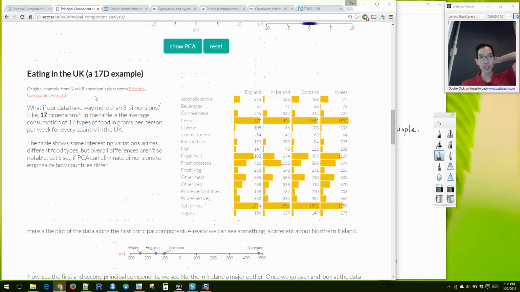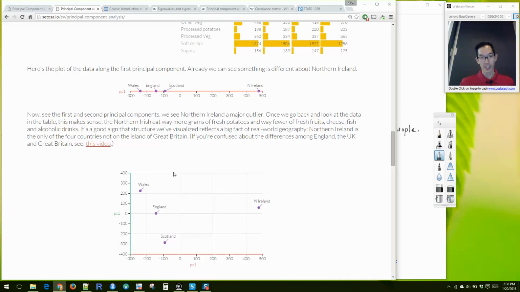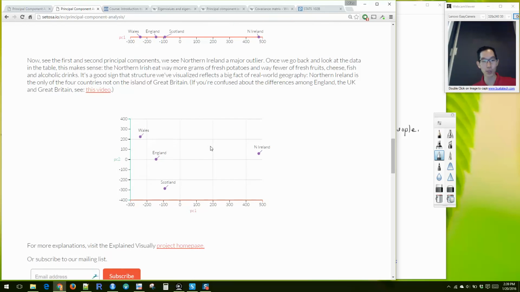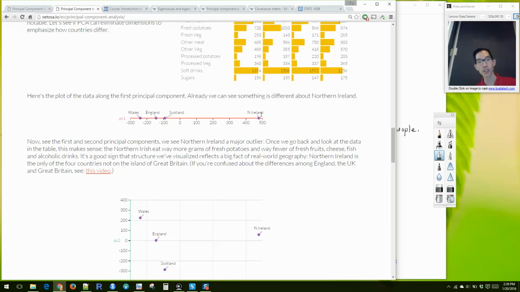With 17 dimensions, you can generate up to 17 principal components, but because we're used to seeing things in two dimensions, you often just graph the two primary principal components. But it will not, in itself, tell you which things are important.